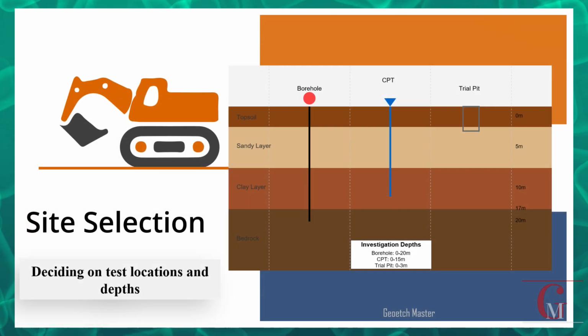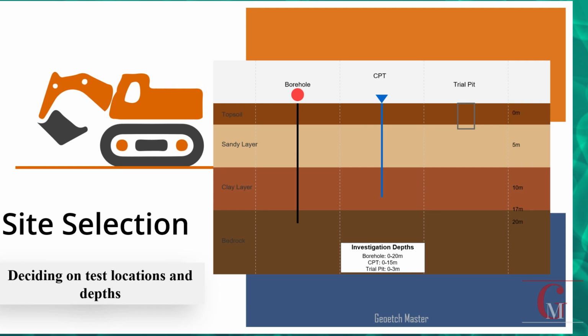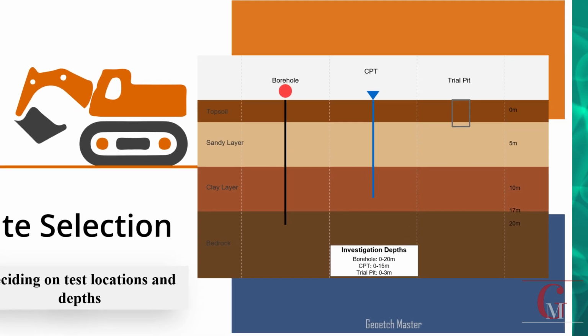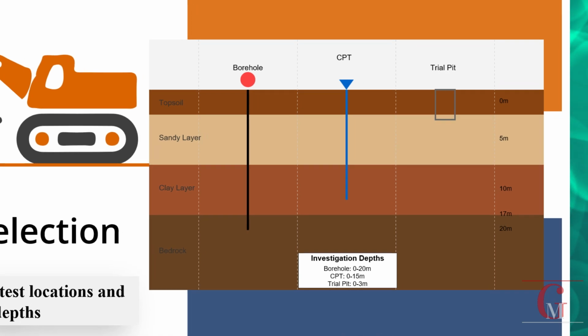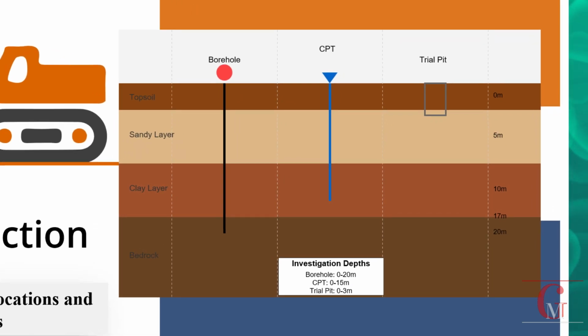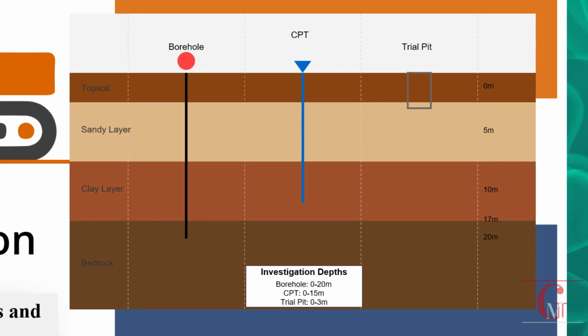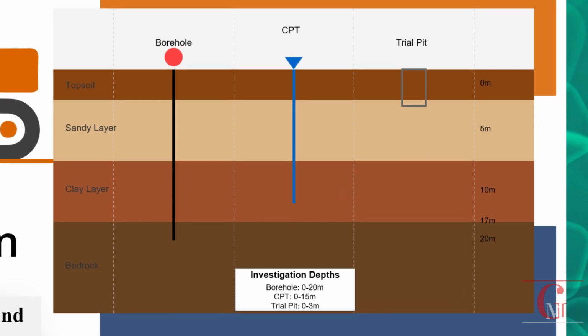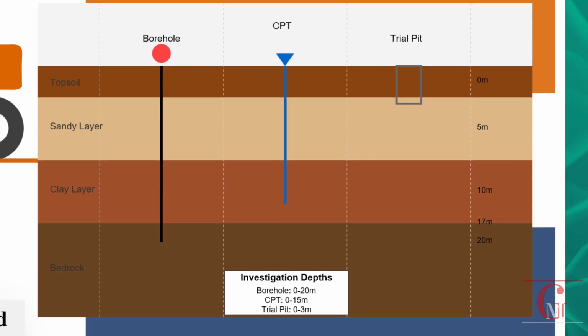Then, we must decide on the number and location for in situ tests, drilling, and sampling. This is where the investigation gets specific, going into the ground to get real samples and data. Also, we need to determine the minimum depth for each investigation location. It's like knowing how deep to dig to find what we are looking for.